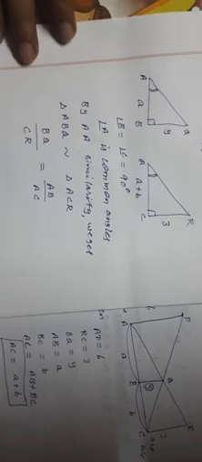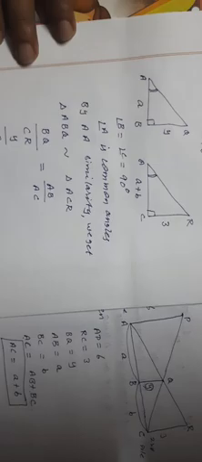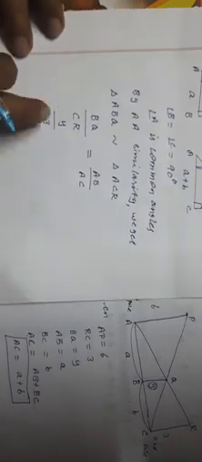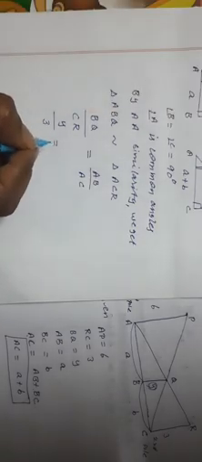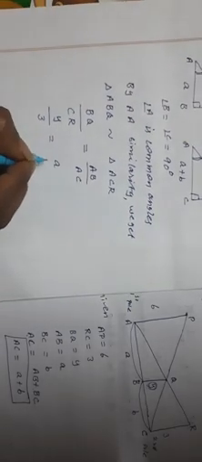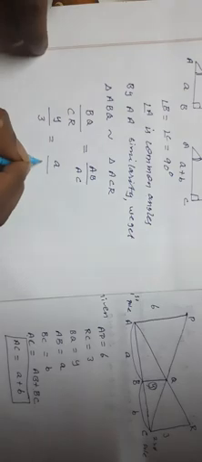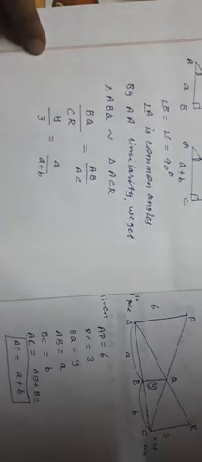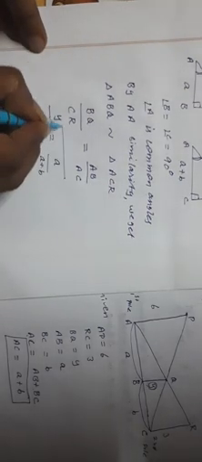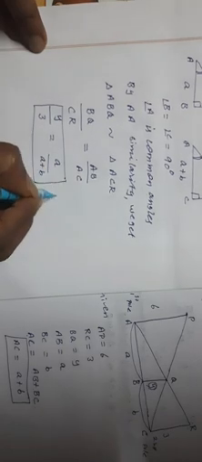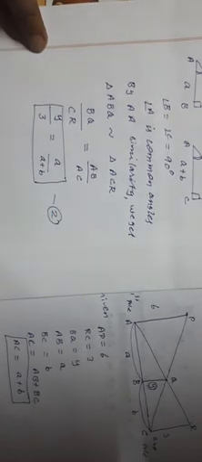Now substitute BQ is equal to y, CR is equal to 3, AB is equal to a, and AC is equal to a plus b. This is equation number 2.